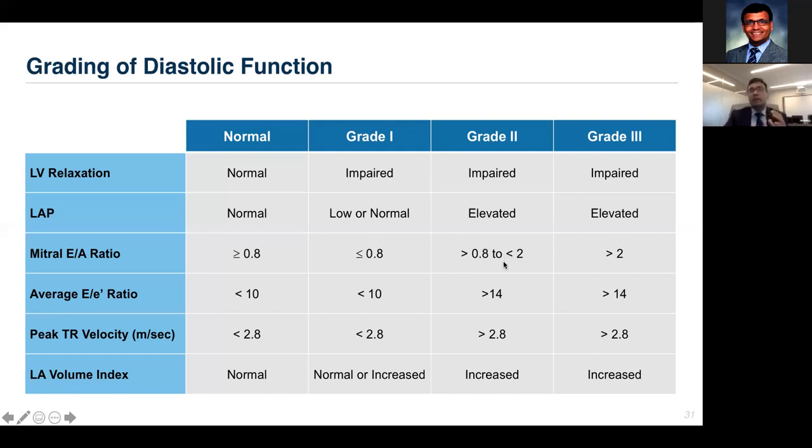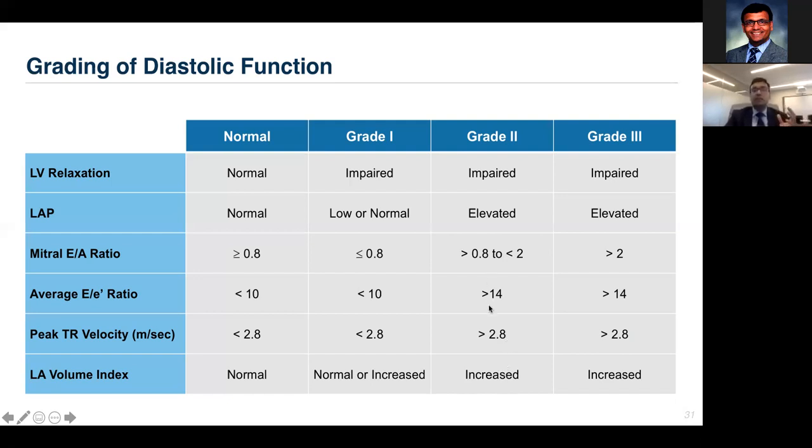Grade 2 is a pseudo-normal filling pattern majority of the times, with consistency of elevated filling pressure as seen by elevated E by E prime ratio, elevated TR velocity, and increased LA volume index.